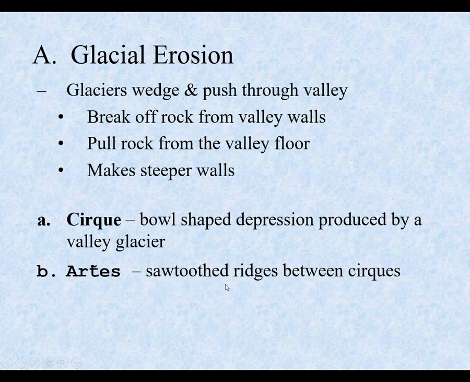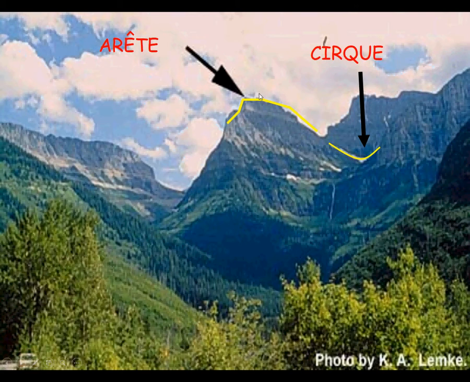And basically, it's these sawtooth ridges. And I think the best way to do it is show you what it looks like. So in this picture, we have this glacier that came through here, and as it did, it pulled up this bowl-shaped depression, right?